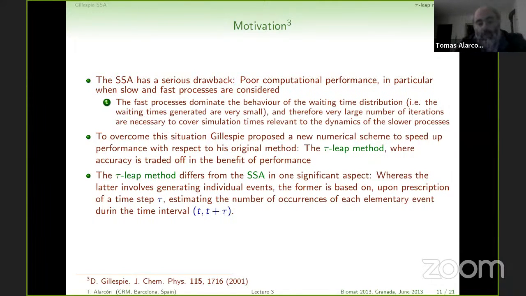What the tau-leap method suggests is that we fix a time step. The meat of the method is selecting this time step, and then we estimate the number of times that each of the events has occurred. It's a different point of view.